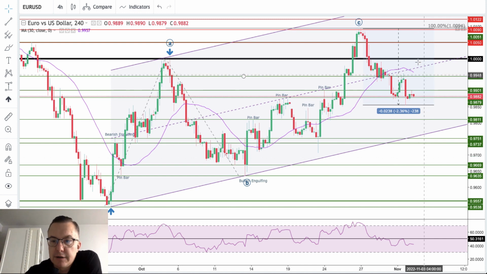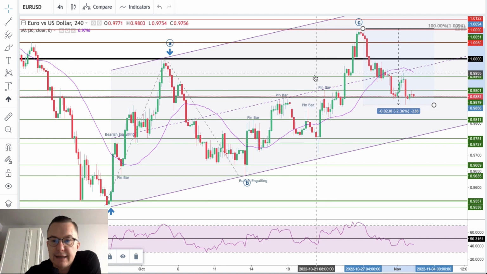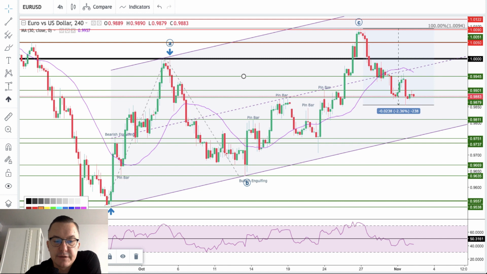So currently the level of 9,945 will act as a technical resistance for the price. So this is a resistance. Well, I need the red color, thank you. And the other level 9,901 will act as a resistance. So this is the resistance as well.